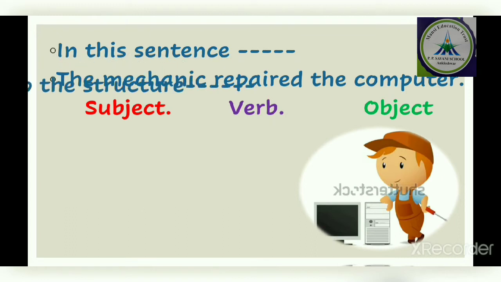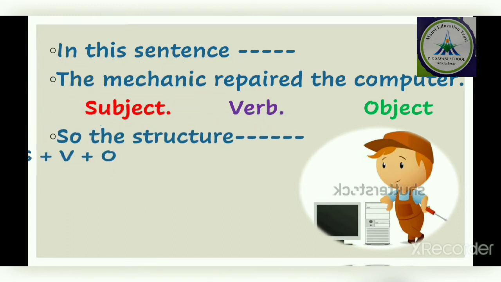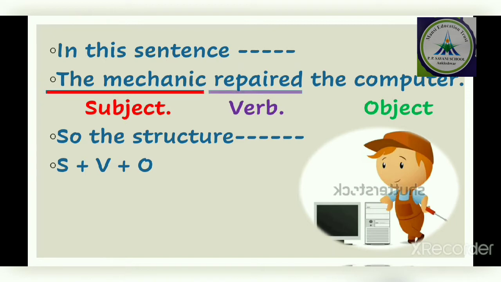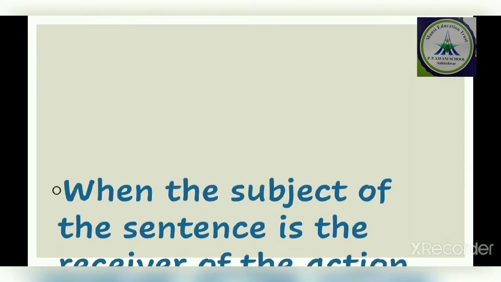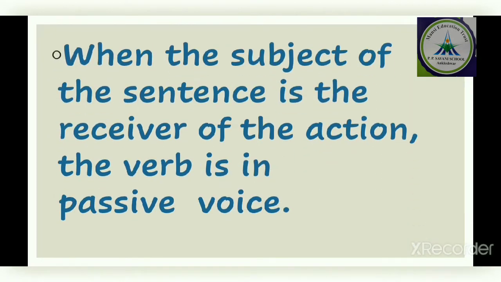So, we can write the structure as following: subject plus verb plus object. Okay? So, again, the mechanic is the subject, repaired is the verb, the computer is the object. Clear?